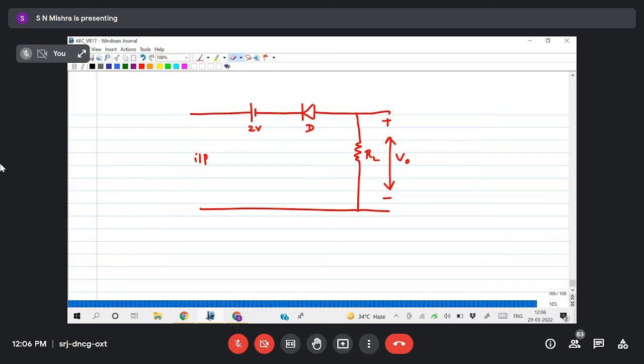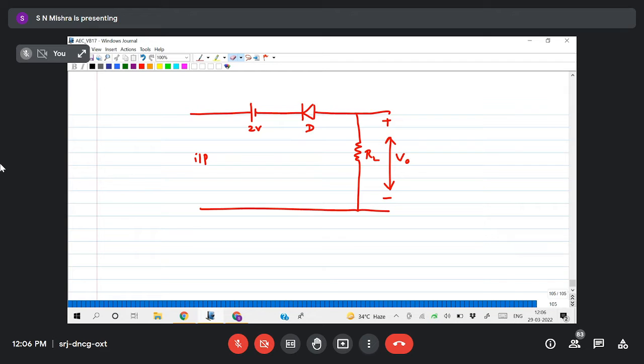Yesterday I gave 2 questions, which we have done. Only, instead of an ideal diode you have to take a practical diode. That is very simple, because whatever voltage you have taken, you have to add plus 0.7 or minus 0.7. According to that, the graph will change. Only the magnitude will change.